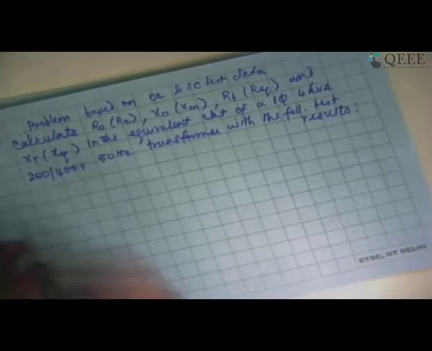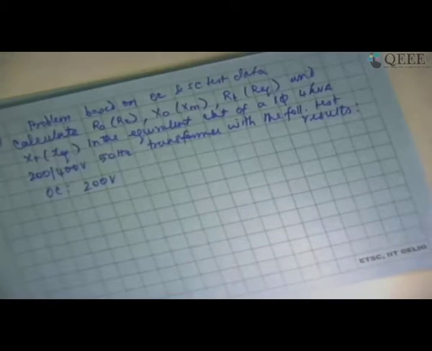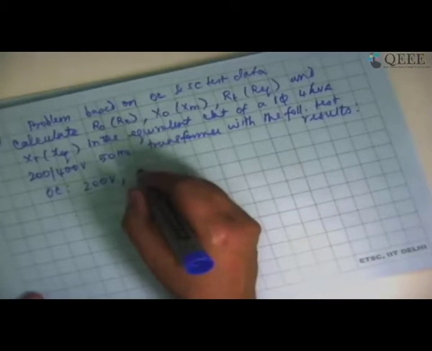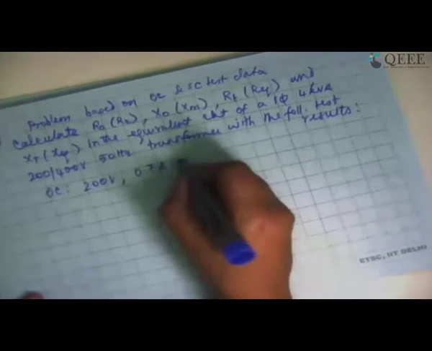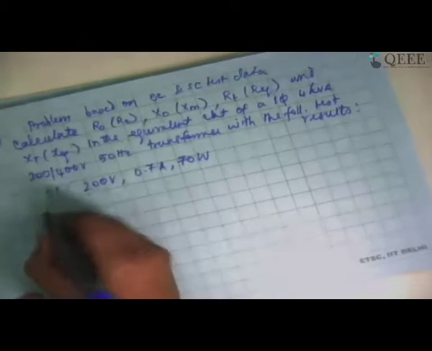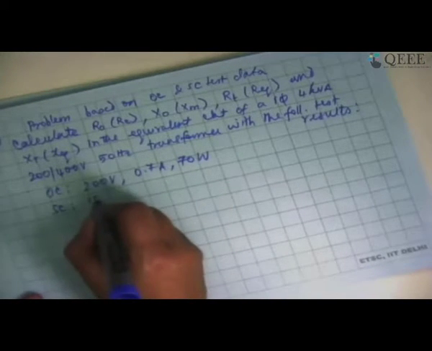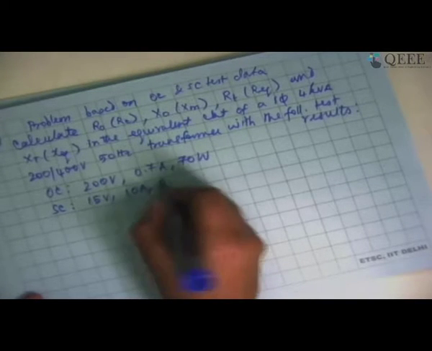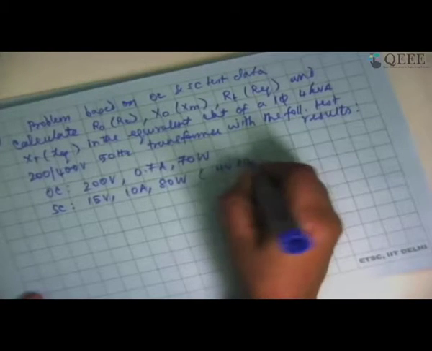Okay, it says open circuit test 200 volts. Please note it is conducted on the low voltage side. 200 volts, 0.7 ampere, 70 watts. Short circuit test is 15 volts, 10 ampere and 80 watts conducted on the high voltage side.